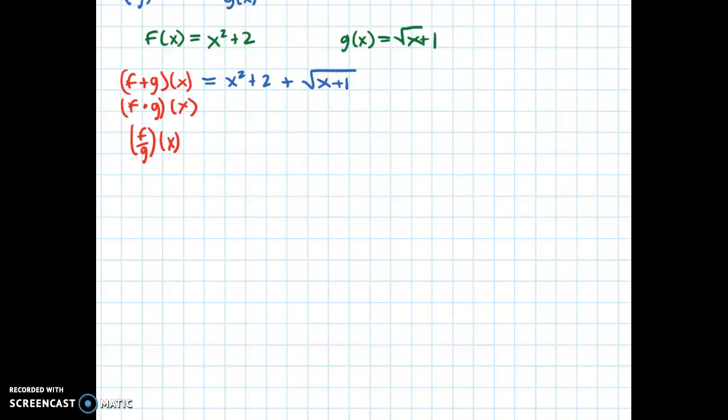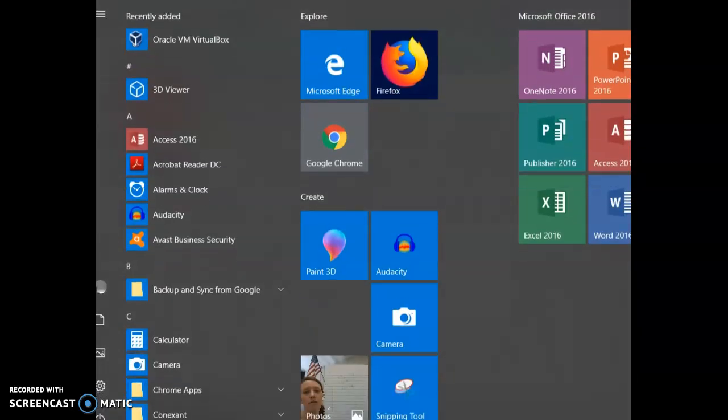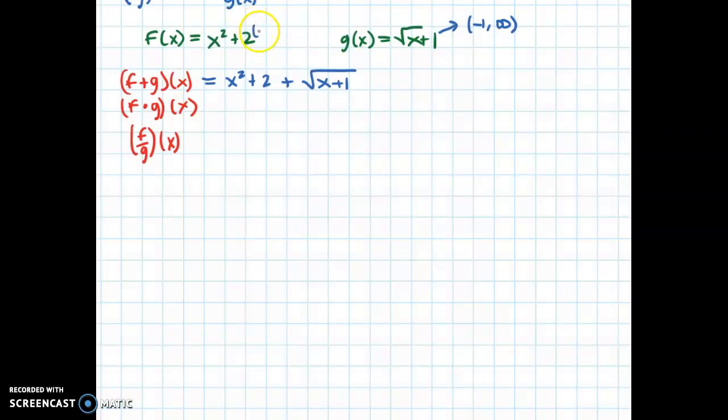Now, the domain is kind of the challenging part because you have to think about the domain of this function, which is all x values greater than -1. And then you have to think about this domain, which is just negative infinity to infinity. And you're really just considering where these two domains overlap. Or you're thinking about the intersection.